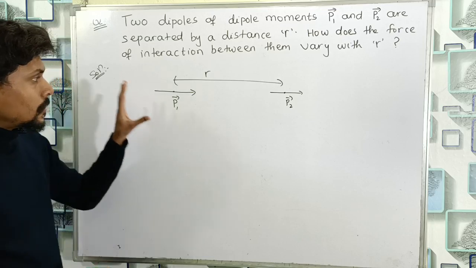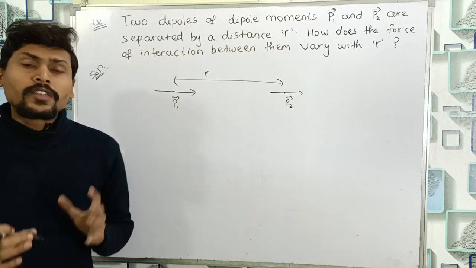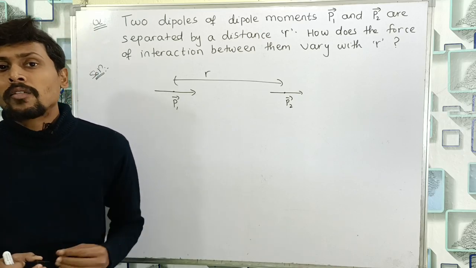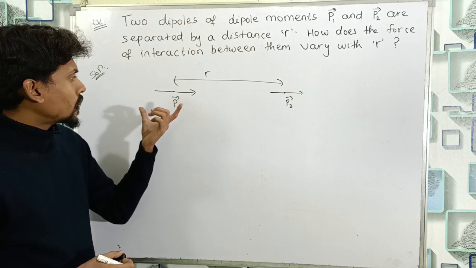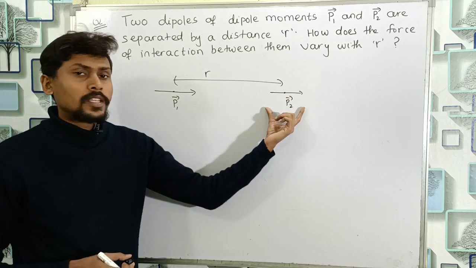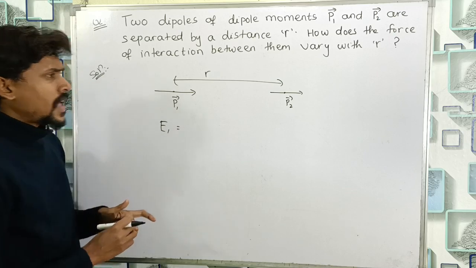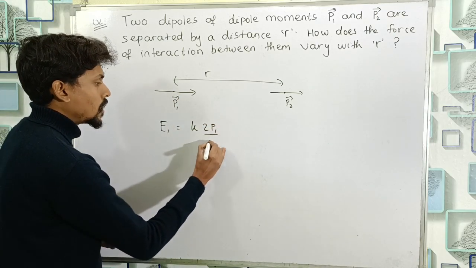So we know that each dipole produces an electric field, and the electric field varies inversely as the third power of the distance. So let us find the electric field produced by this dipole at this position. E1 will be equal to, if it is an axial point, k into 2p1 by r cube.